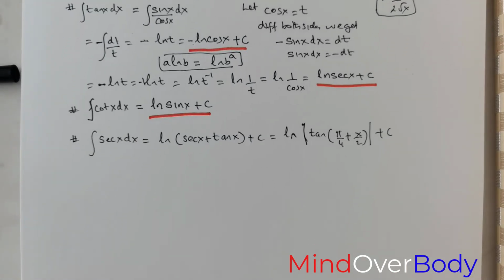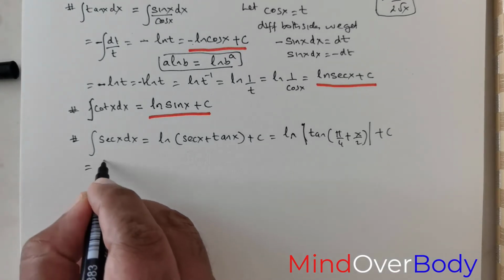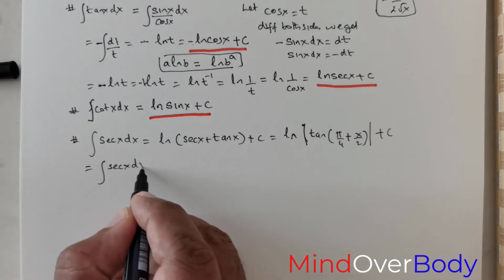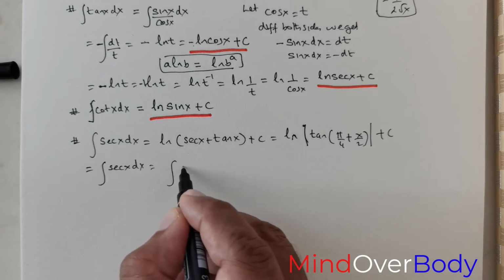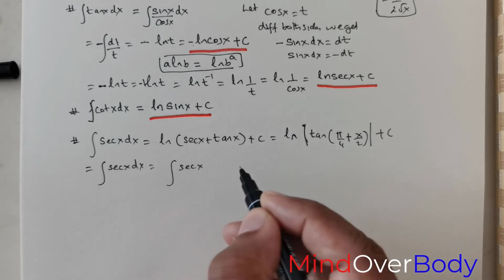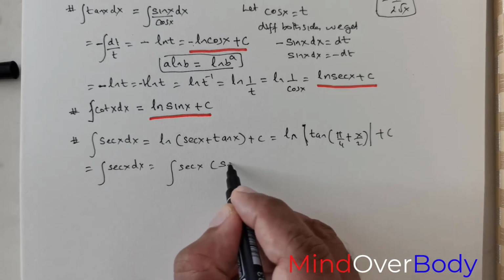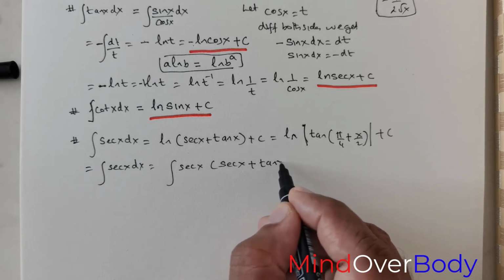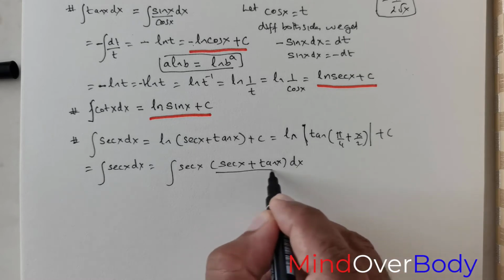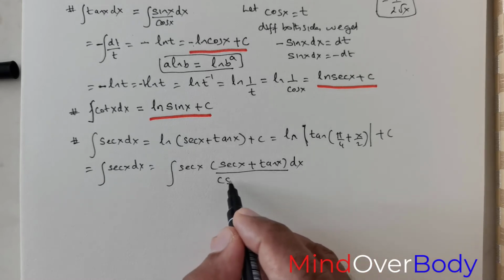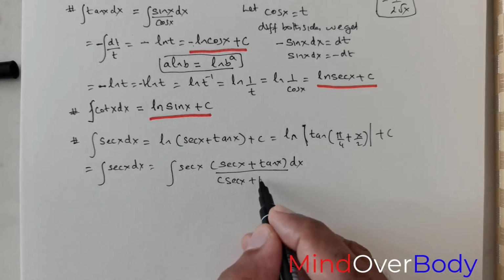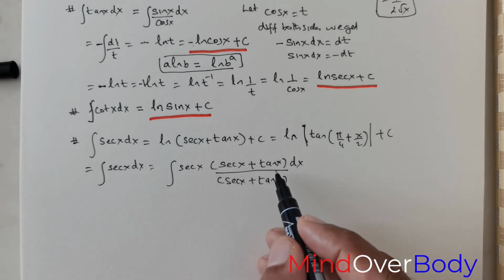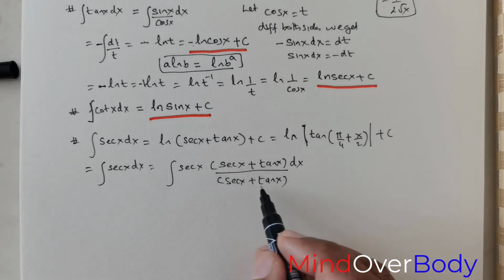Students, foremost, let us start off by considering the integral of secant x dx, and I'm going to rewrite this by multiplying the numerator by secant x plus tan x, and dividing by the same quantity. In this way, I'm not making any changes at all, because secant x plus tan x is cancelled with the one in the denominator.